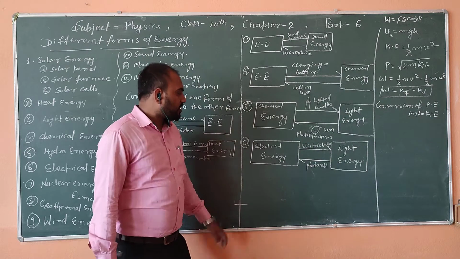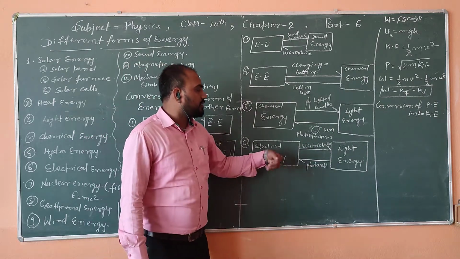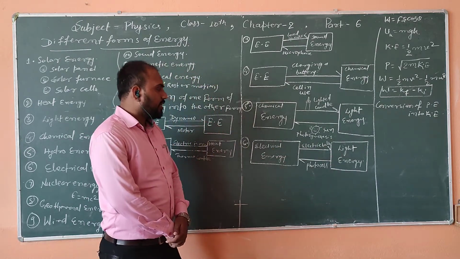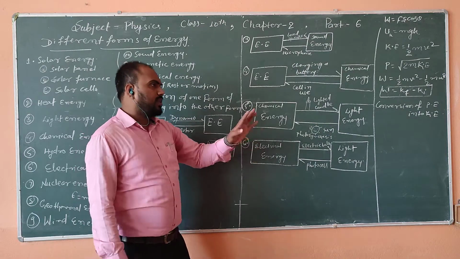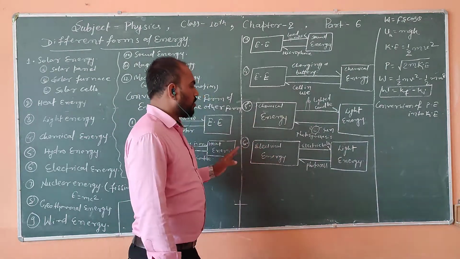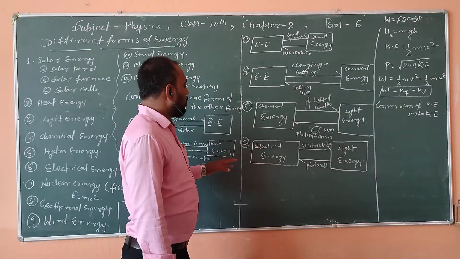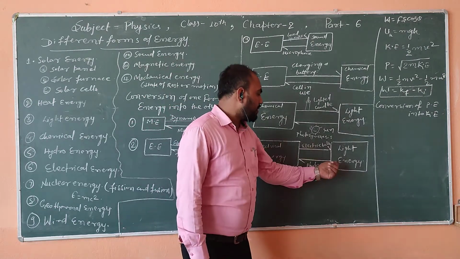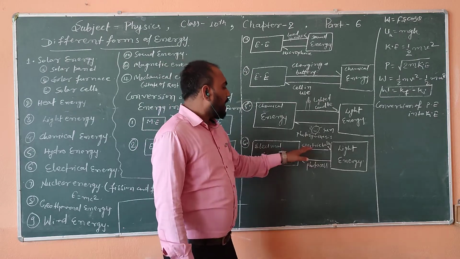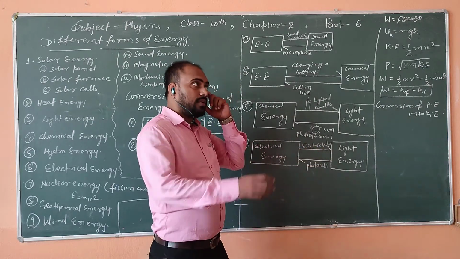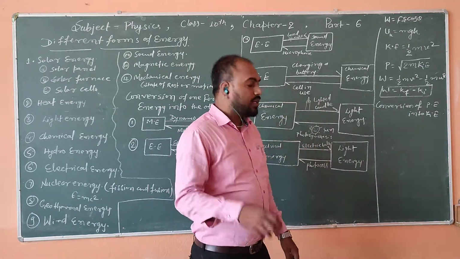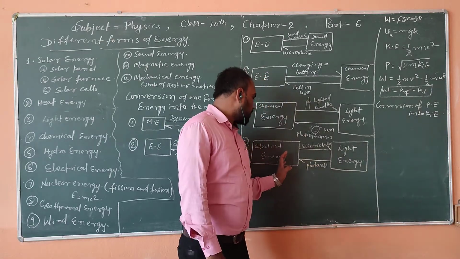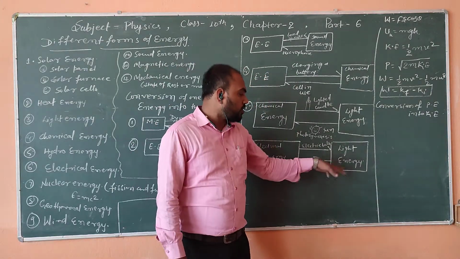Now in the next part, electrical energy is converted into light energy. Electrical energy is easily available in our homes and offices, and this electrical energy is converted into light energy by the electric bulb, tube light, etc. All these devices convert electrical energy into light energy.